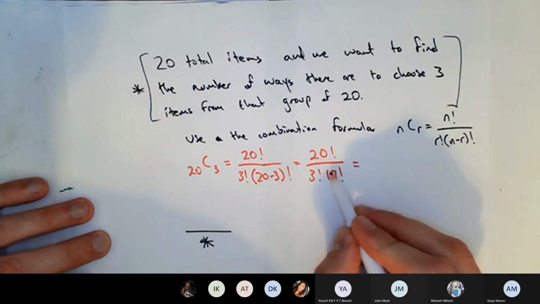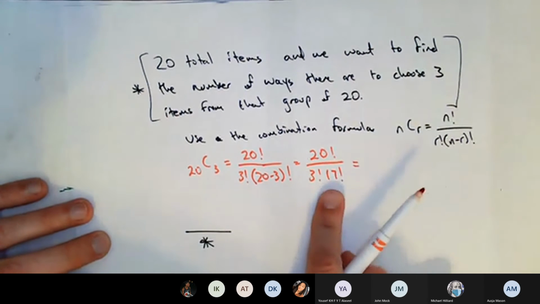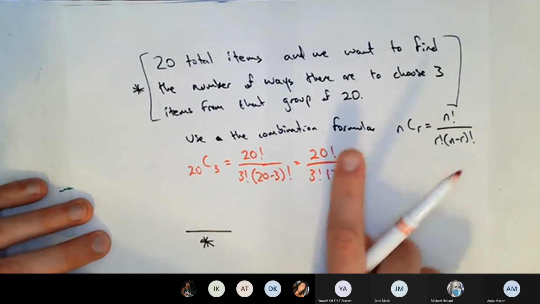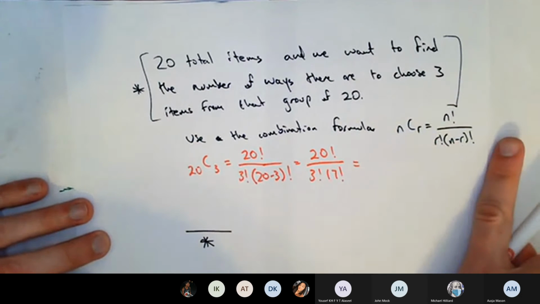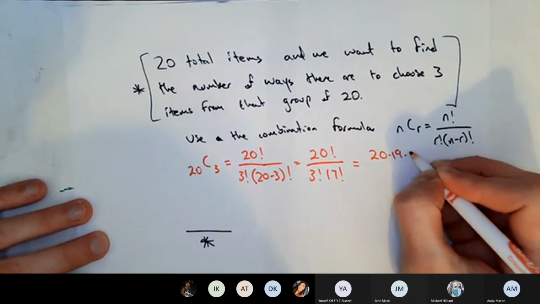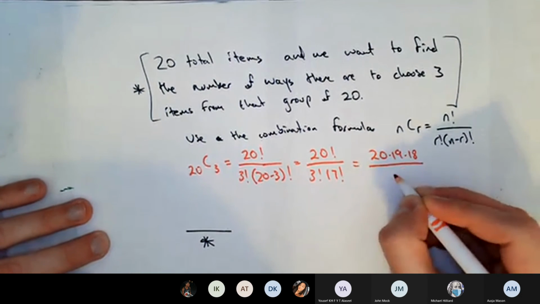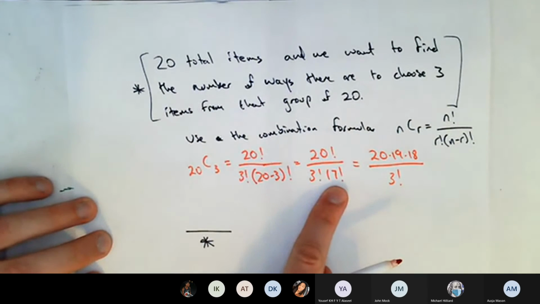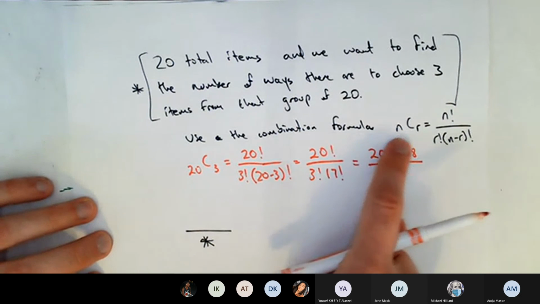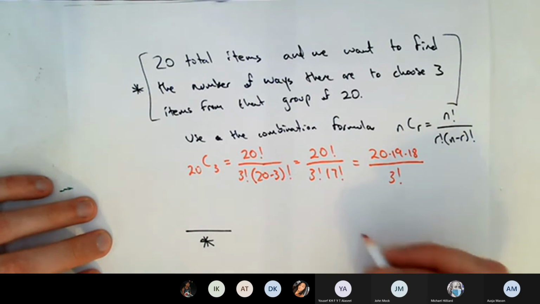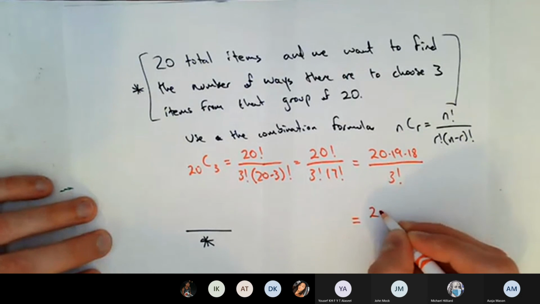And 17 factorial is very similar, except it starts at 17. So I'm thinking about what's left over. If all of the 17 and below cancel out, I'm left with 20 times 19 times 18.